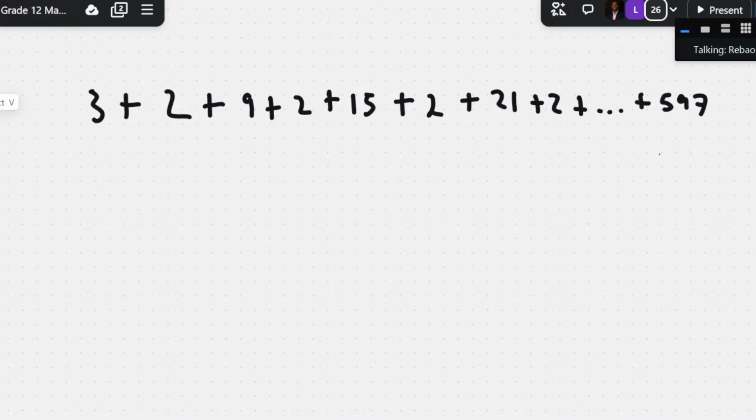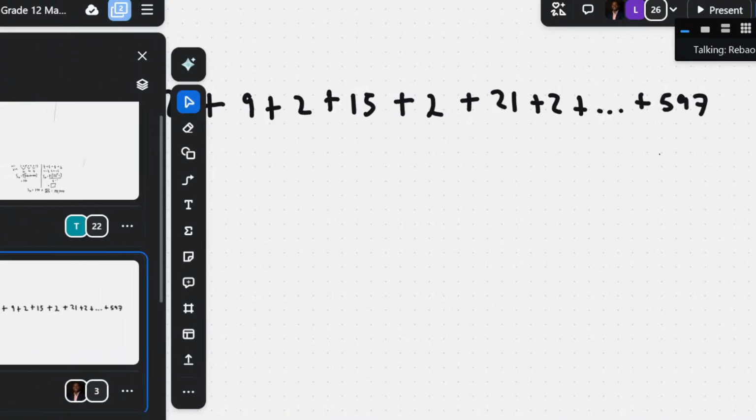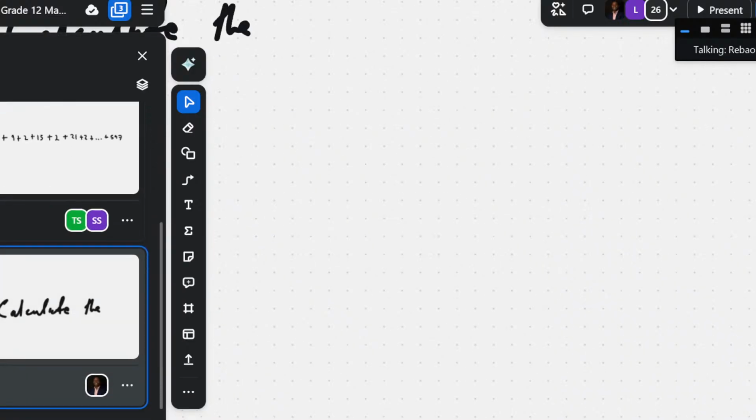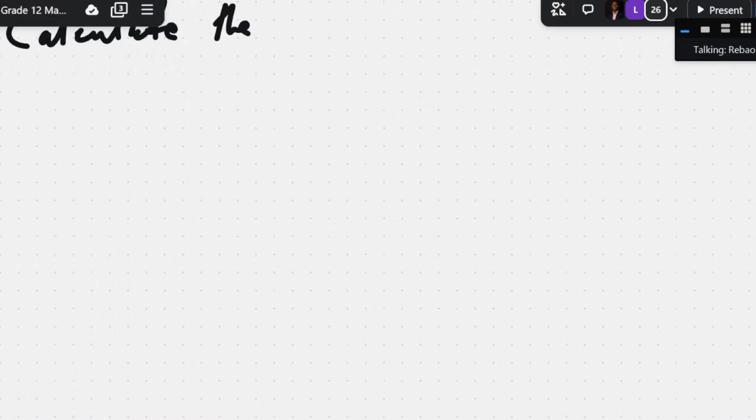Right. So let's look at the second question, the other unusual question that we often do not receive. This is how it is phrased. So calculate the sum. Is this pen working?